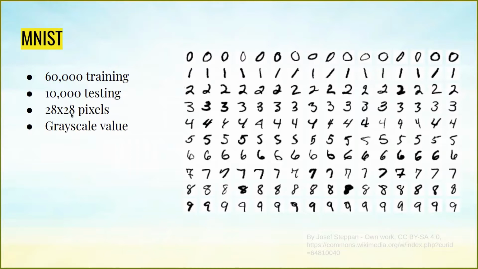Every pixel is represented as a number between 0 and 255, which is a grayscale value. In other words, 0 means a white pixel and 255 means a black pixel. And anything in between could be a grayscale value, something between white and black.